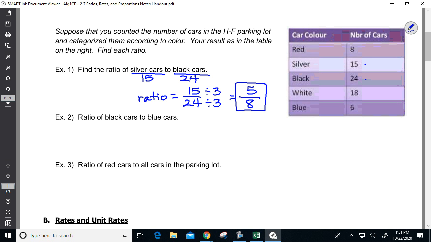Let's do another example. Ratio of black cars to blue cars. So we already know from example 1, there are 24 black cars. Blue cars, there are 6 of them. So your ratio is 24 over 6.